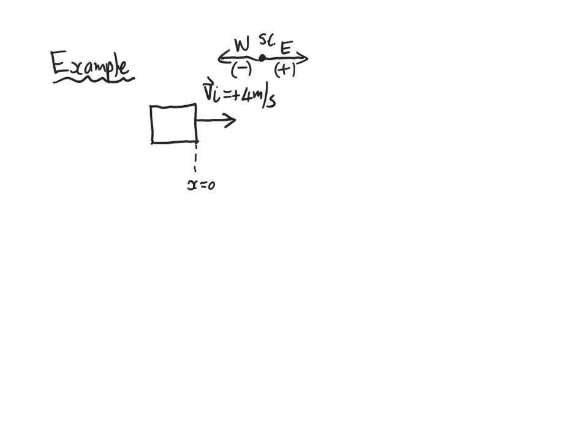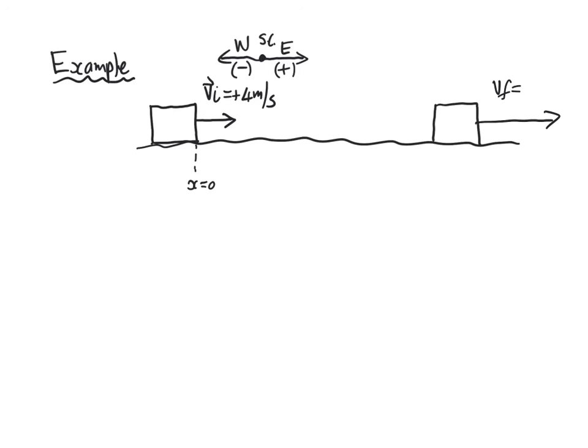And what it does now is it travels for 8 seconds and reaches a velocity of 28 meters per second in the same direction, so it's positive, and the change in position is unknown.